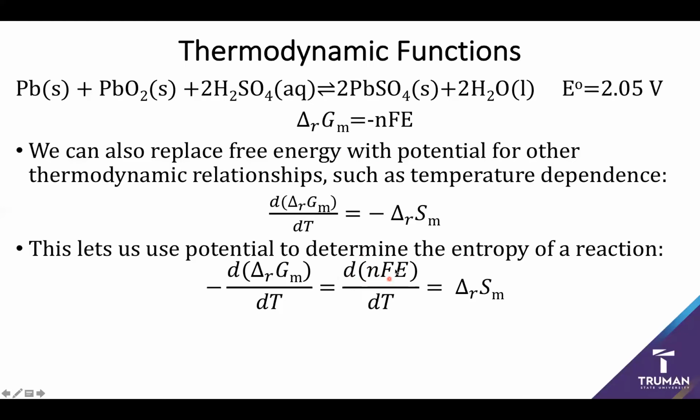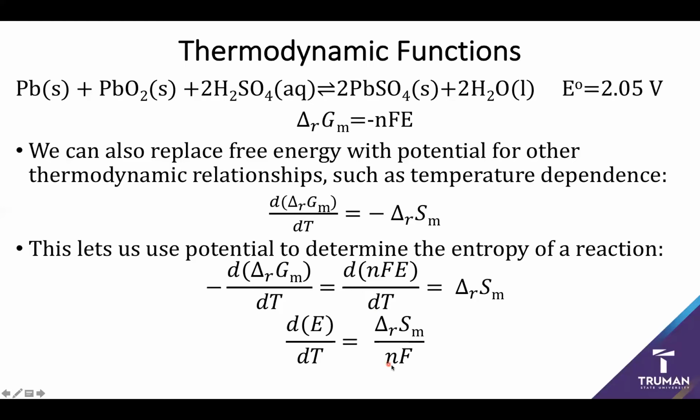So I'll go ahead and move my electron coefficient and my Faraday's constant over to the right-hand side of the equation. And when we do this, we find that if I'm able to determine how the cell potential changes with temperature, then congratulations, the slope of that line is going to give me the entropy of reaction.